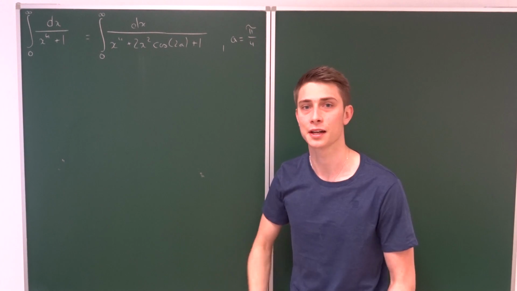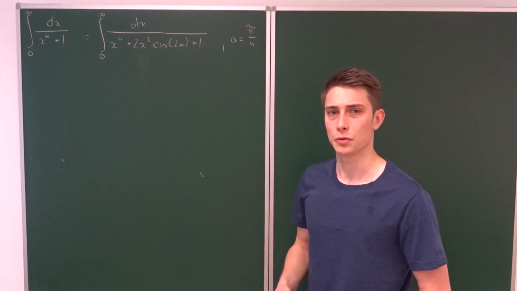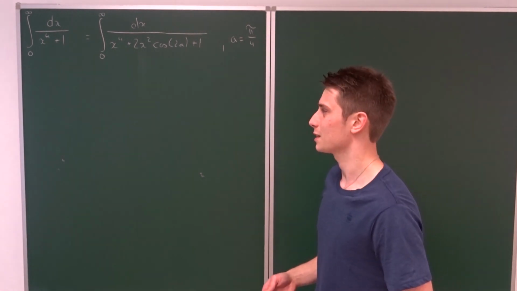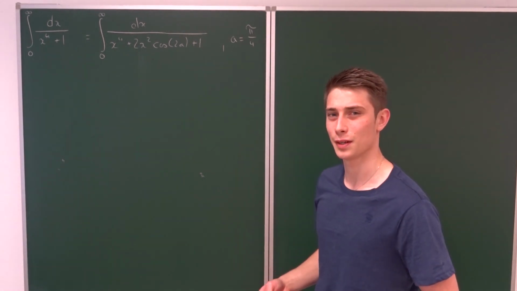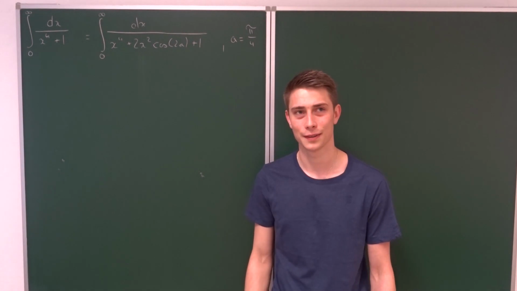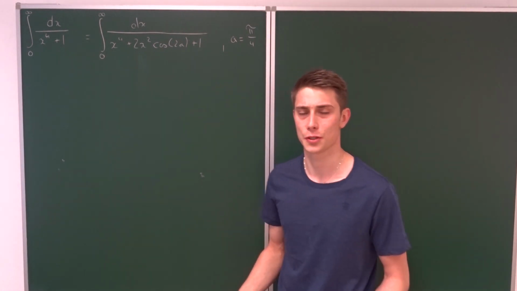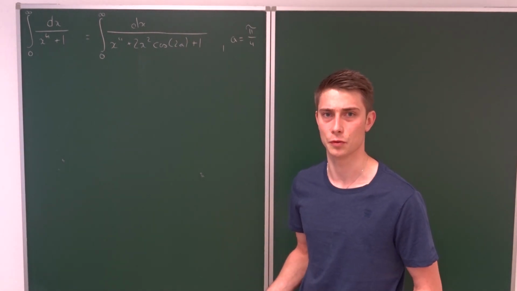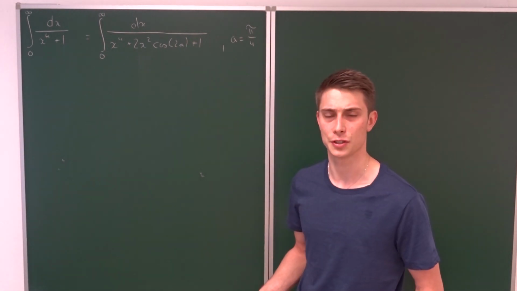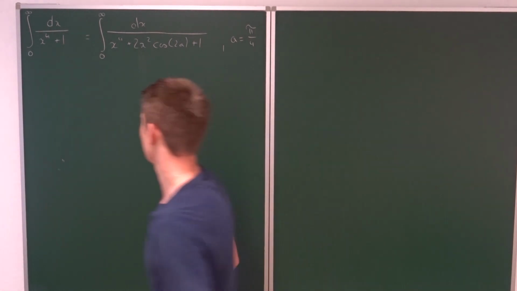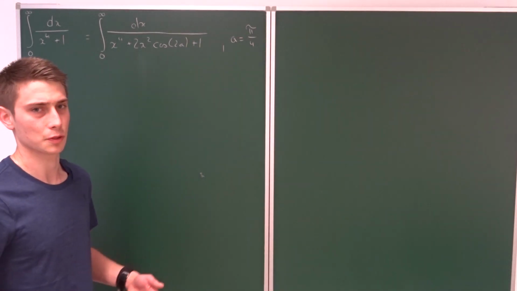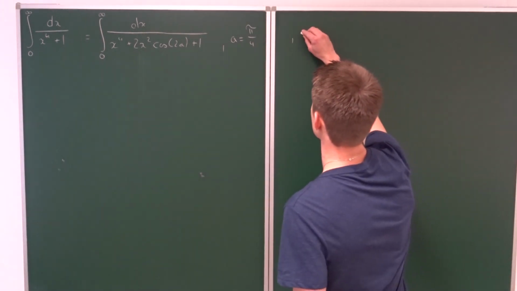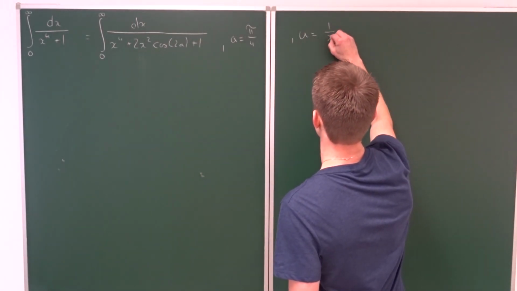So let's get started. At first we want to introduce a U-substitution, and you might not easily come up with it. So it's kind of counterintuitive, and yeah, let's just introduce it and then we will see what we can do with it. Okay, let's start off by saying u equals 1 over x.